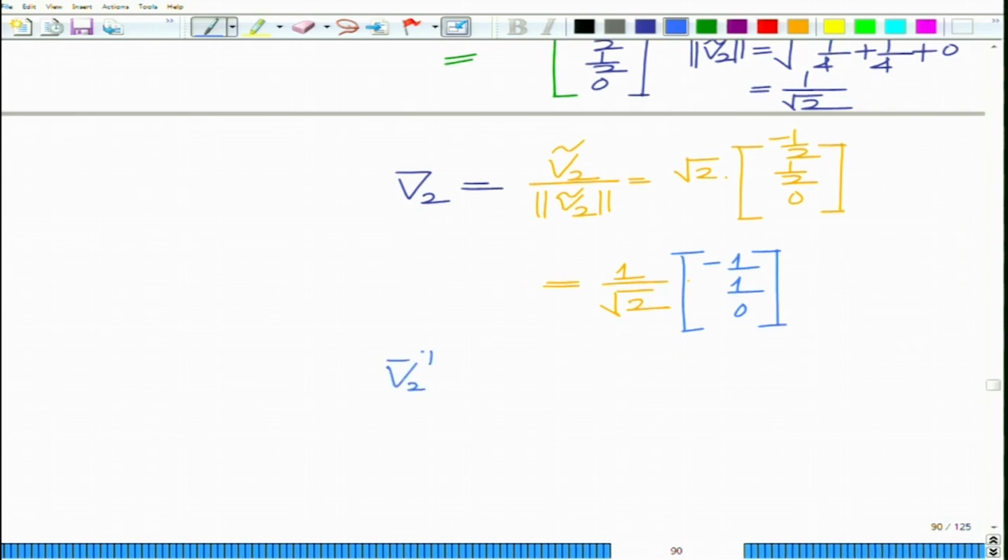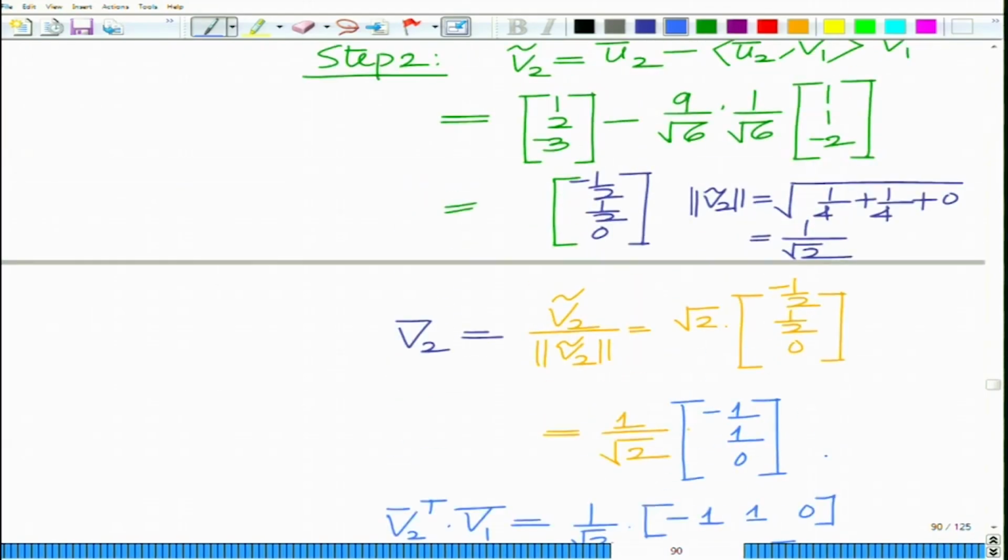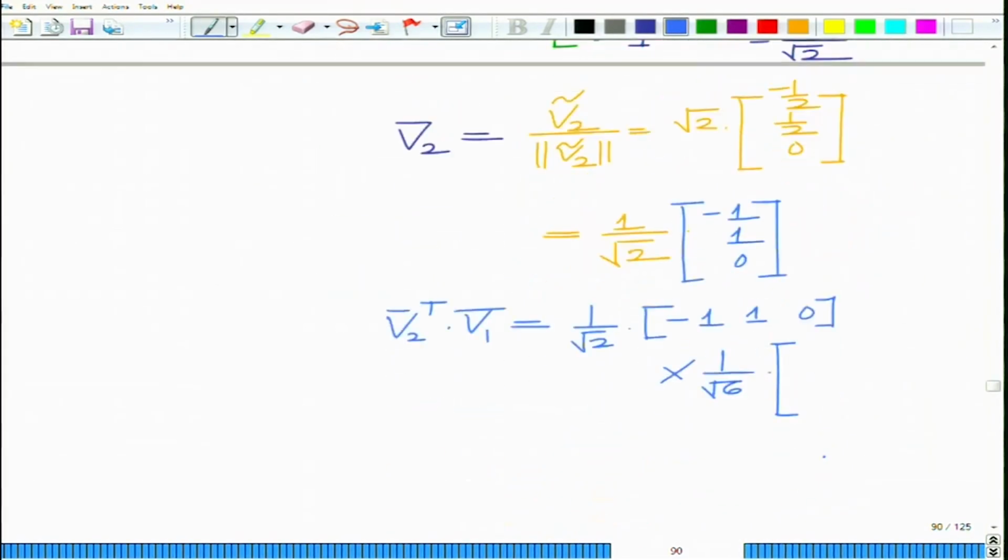So, V2 bar transpose V1 bar is 1 over square root of 2 times minus 1 1 0, times 1 over square root of 6 times the vector 1 1 minus 2, and you can clearly see this is minus 1 plus 1, which is 0, plus 0, which is 0.